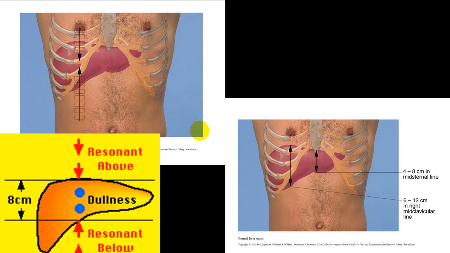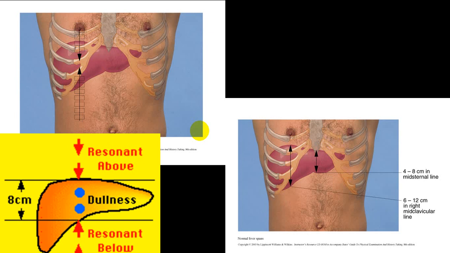Now in a case of a pneumothorax and emphysema on the right side, you will have a hyperresonant note in case of an emphysema, and in a case of total pneumothorax, it will be a tympanic note. Because the diaphragm is pushed down, the upper border of the liver will be pushed down, and as the liver is pushed down, the lower border will be dull and it will be below the right costal margin.